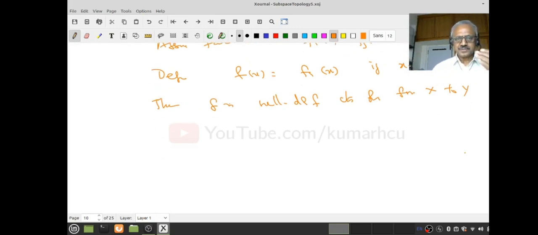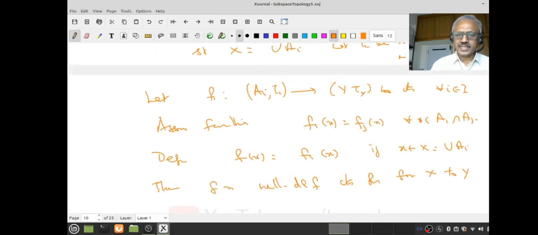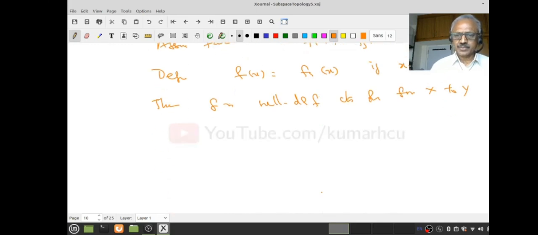Writing this takes more time, but you can see the analysis is very easy. Set theoretically we have got the function. I have to show it is continuous. Let us go through the proof once again.